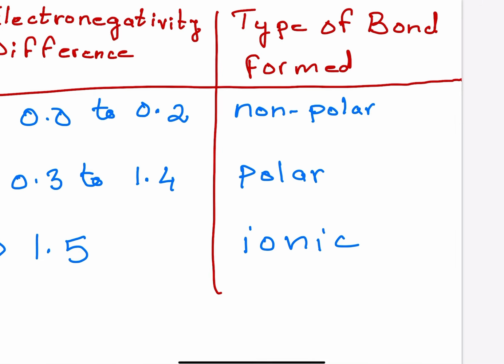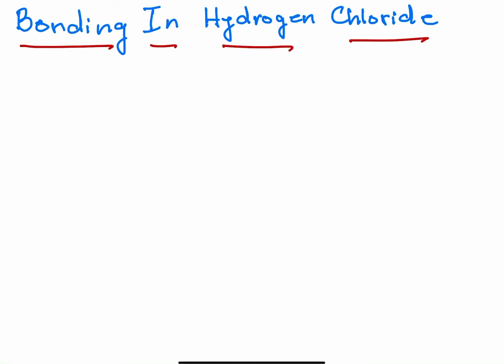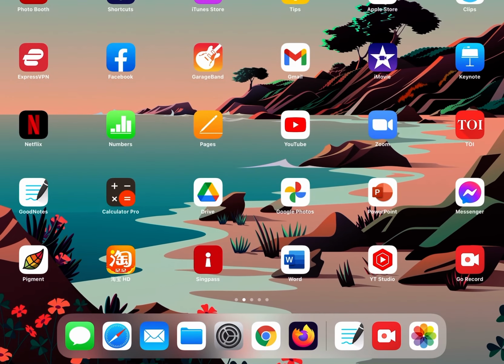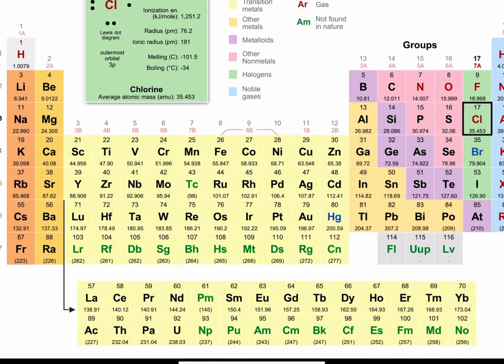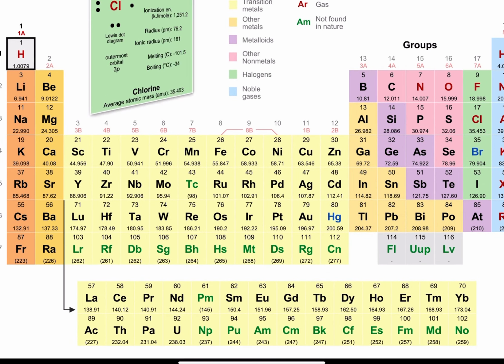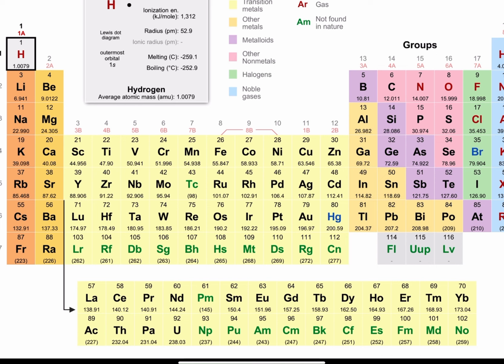Now, if we look at the electronegativity of hydrogen and chlorine in the periodic table, you will see that hydrogen has an electronegativity of 2.2, and chlorine has an electronegativity of 3.16.